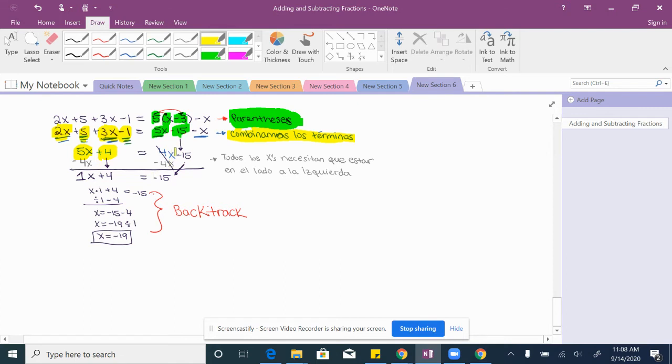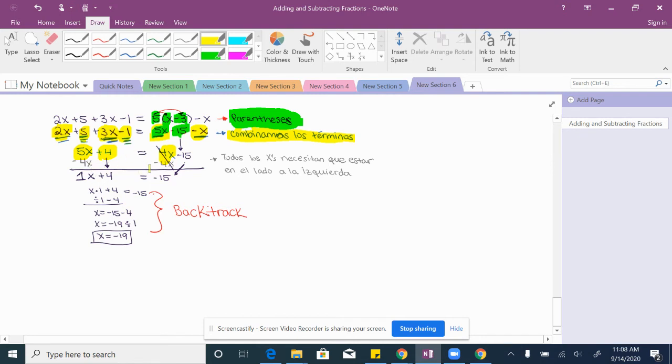And here, we can combine 5x with minus 1x. Remember, when no number is in front of x, this is always 1. 5x minus 1x is 4x. Bring down the negative 15.